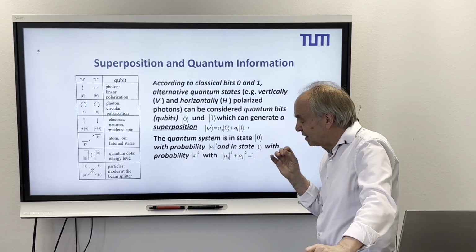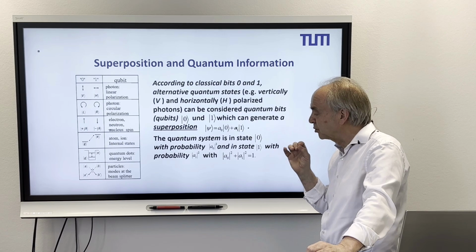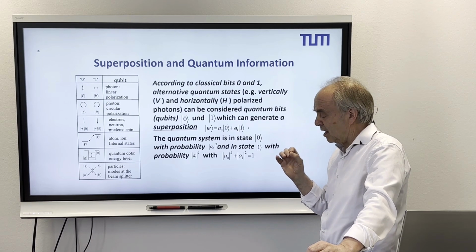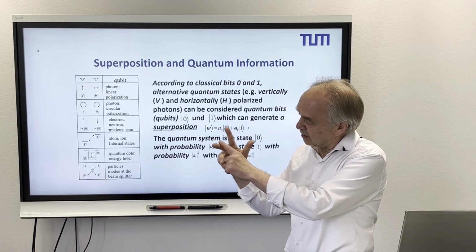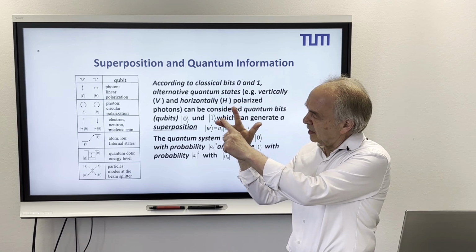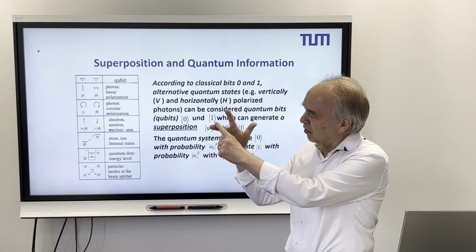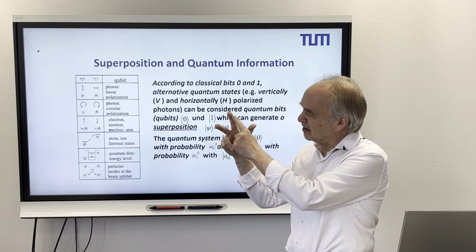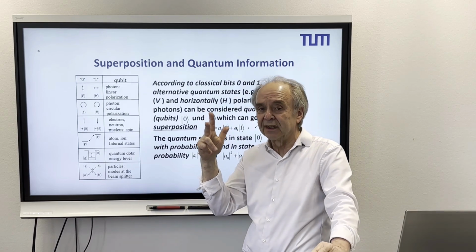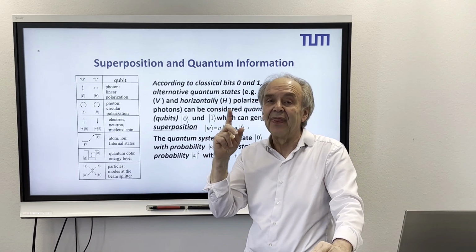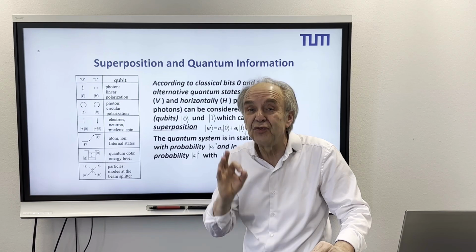And that leads us to a crucial interpretation. You can imagine that this vector in a rectangular coordinate system also forms with these coordinates a rectangular triangle. And that is the situation of Pythagoras.